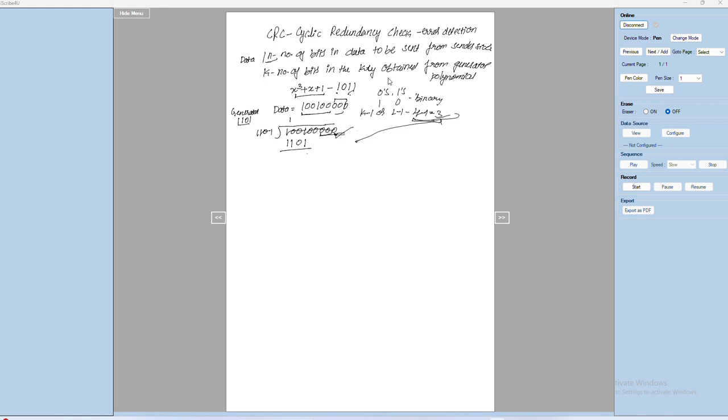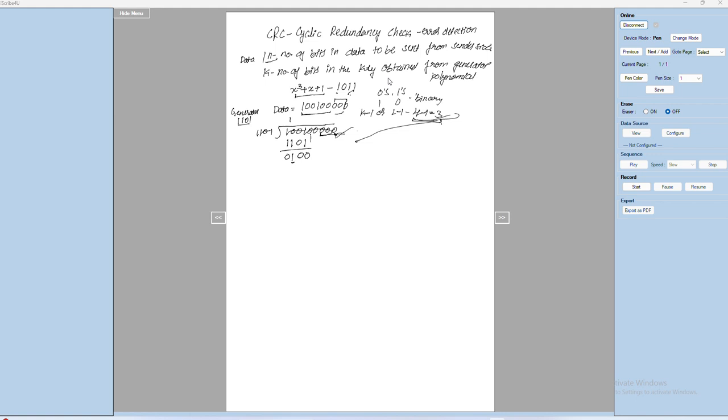1 1 is 0, 0 0 is 0, 0 1 is 1, 1 1 is 0. So we are going to consider the most significant value. The most significant value is 1.